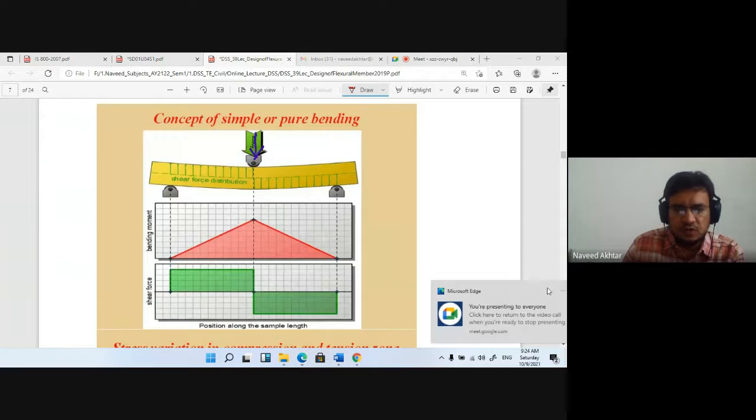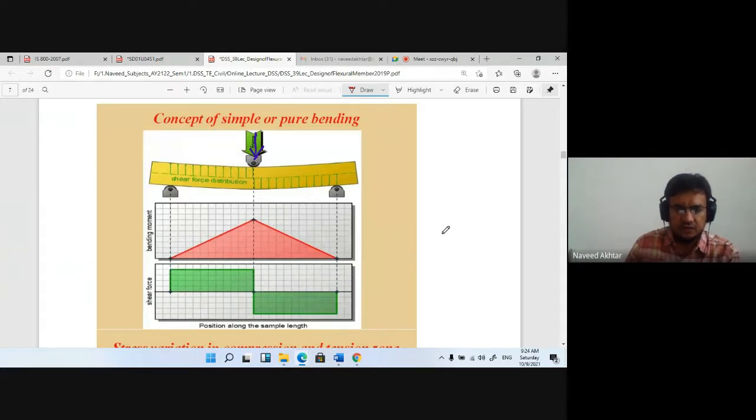This concept of pure bending we already saw, and you have learned all this in strength of materials and structural analysis. If only a concentrated load P is acting, then the bending moment is PL by 4. How is it PL by 4?